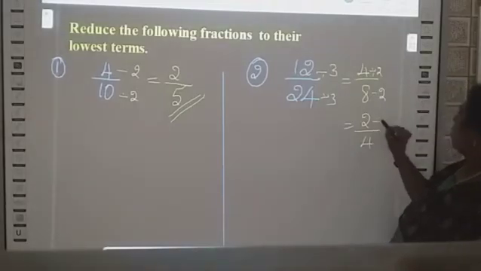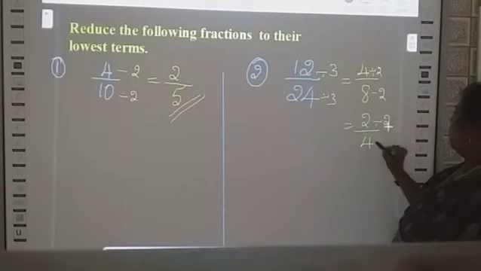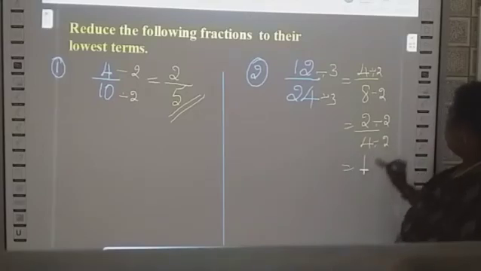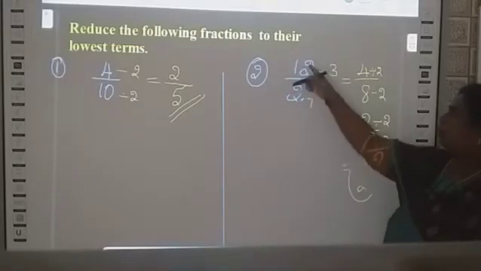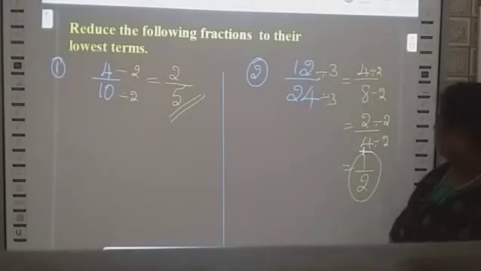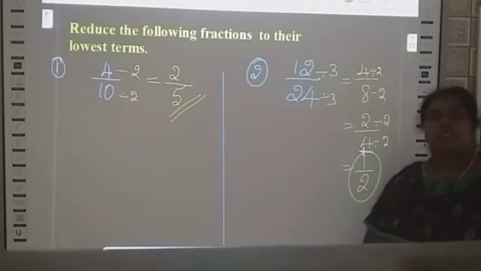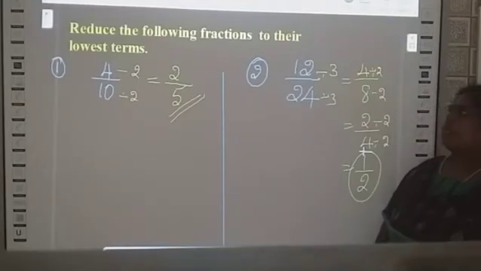Again we can use the 2 table. So 2 divided by 2 is 1. Then 4 divided by 2 is 2, right? So the lowest term is 1 by 2. 12 by 24, the lowest term is 1 by 2. Now do you understand what is lowest term? Yes.